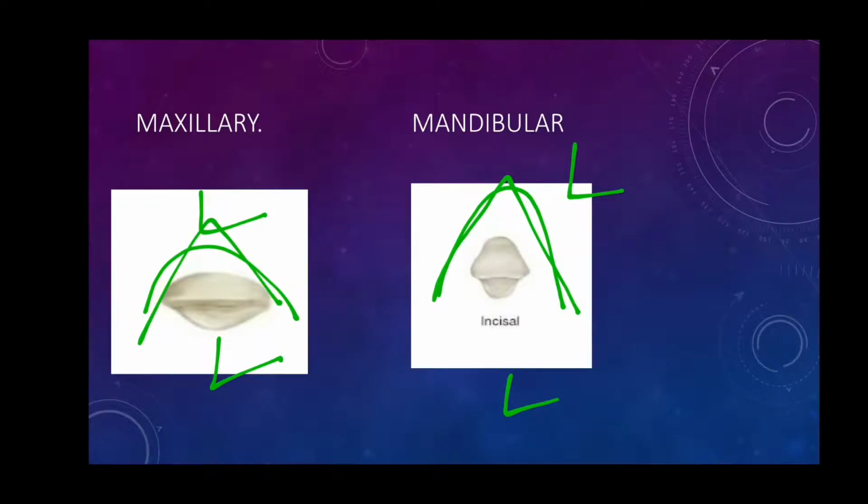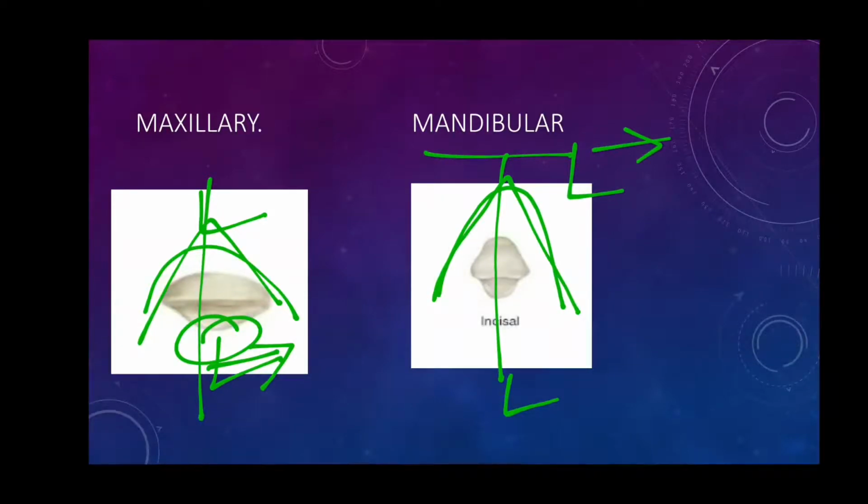And the center of the cingulum, when we draw a line labiolingually, is somewhat distally present. In the maxilla, it is centered; in the mandible, it is not. It's important. So the incisal edge is also in line with the root axis. If we draw from the root axis, it will be midline in the maxillary. It will be somewhat lingual in the mandibular.